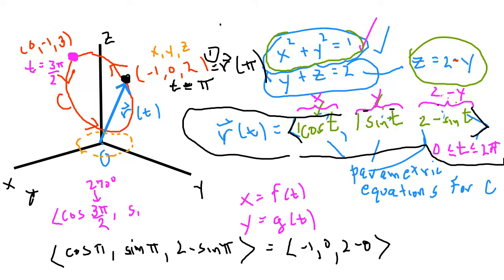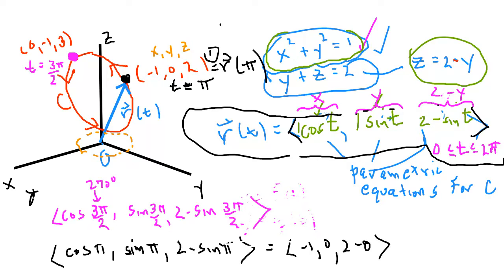Sine of 3 pi over 2. And 2 minus the sine of 3 pi over 2. It's getting a little cluttered here, let me get this off.